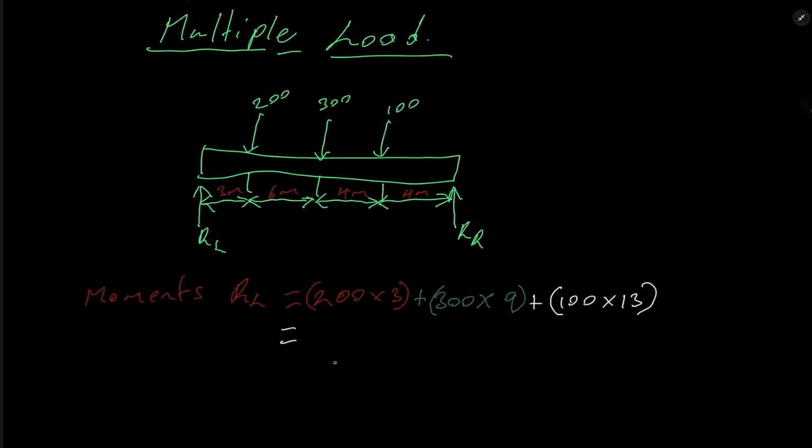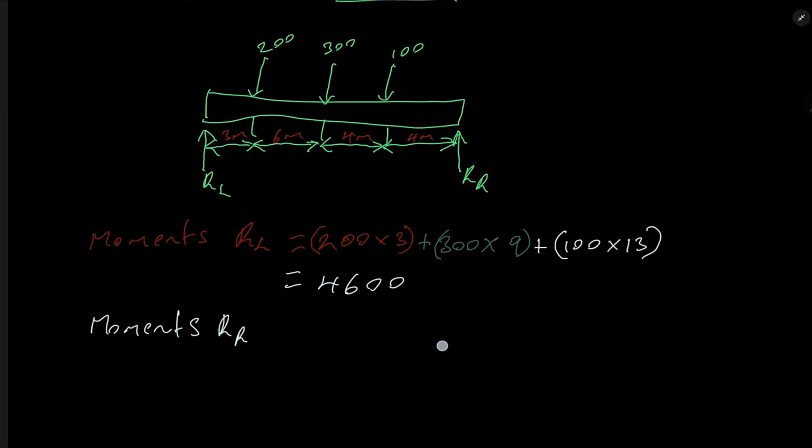In the interest of time, I'm just going to write the total value, which is going to be 4,600. Now, once we have that value, it is time for us to determine the moments at RR.